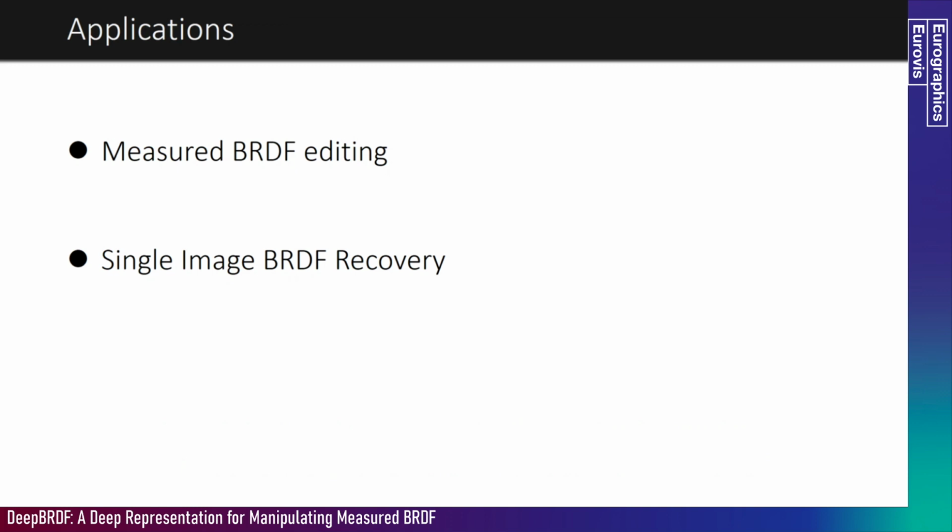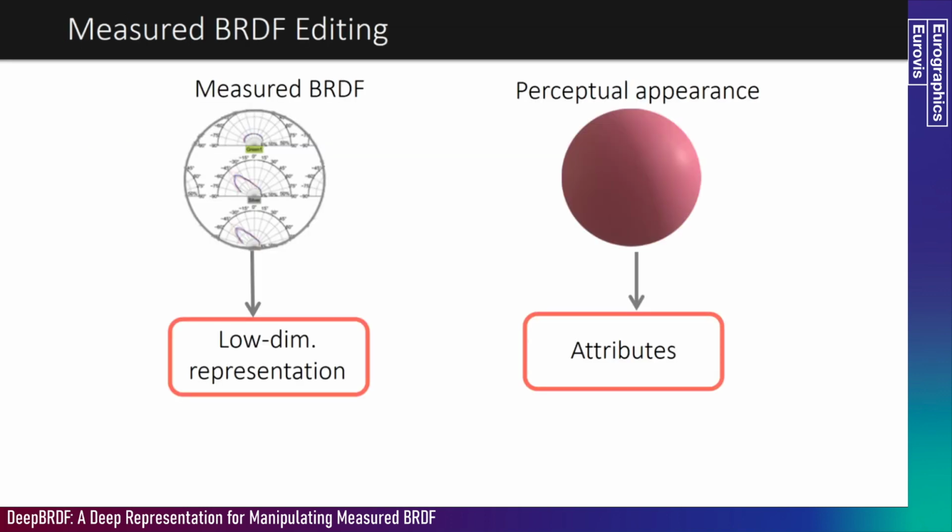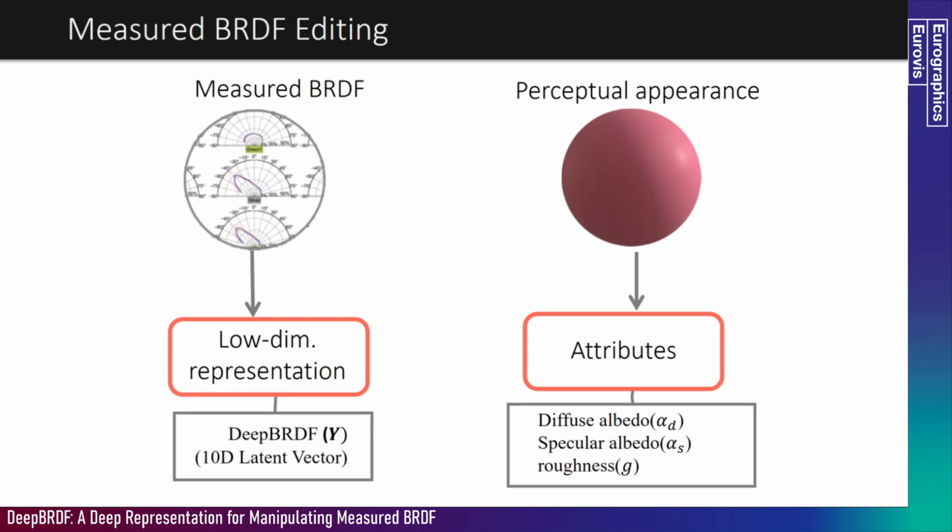We further show the benefit of the proposed deep BRDF with the following two applications. That is, measured BRDF editing and single image BRDF recovery. For material editing, once we get a low-dimensional representation of a measured BRDF based on deep BRDF, the next point is how to bridge the deep BRDF and some intuitive material properties that are convenient for BRDF editing.